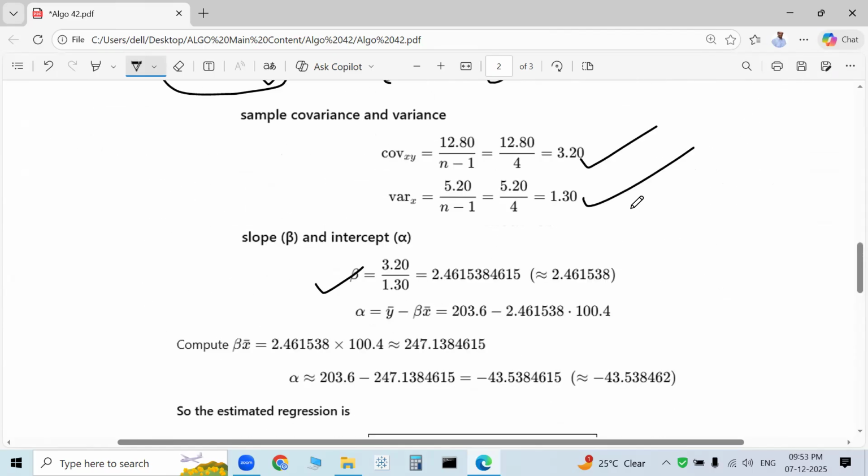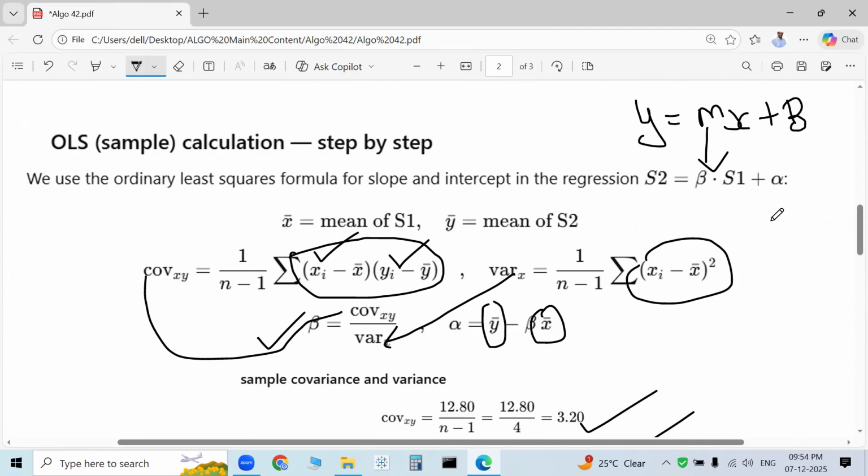Once we get that value, we are going to find out alpha, and alpha is basically the y-intercept of the equation.